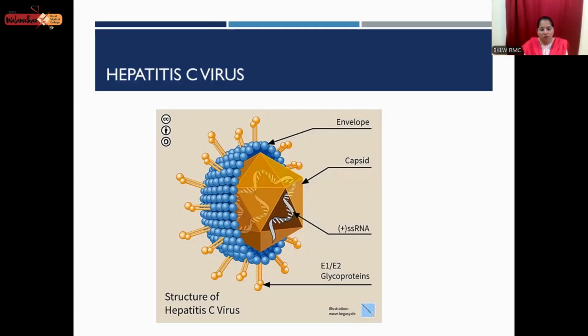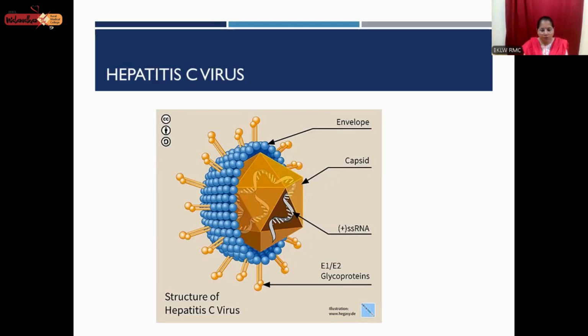Inhibitors of the non-structural proteins are the more important antiviral drugs for hepatitis C infections.